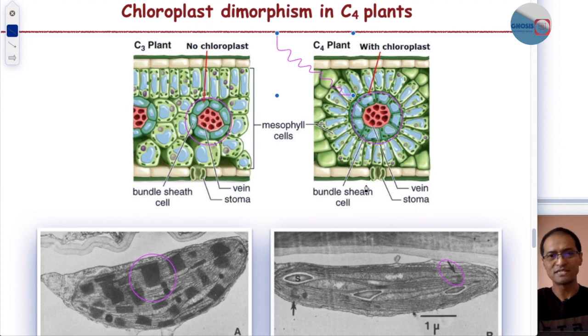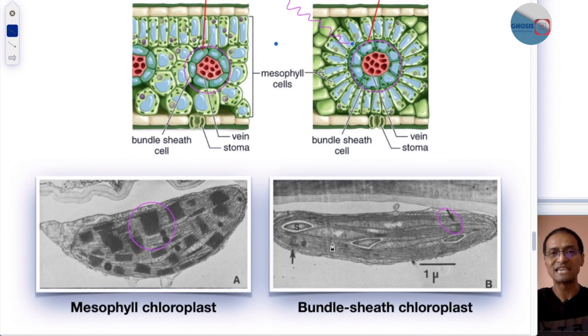The second point is that if you do not have the light-dependent reaction taking place in the chloroplast of the bundle sheath cells, then you do not have the production of oxygen.